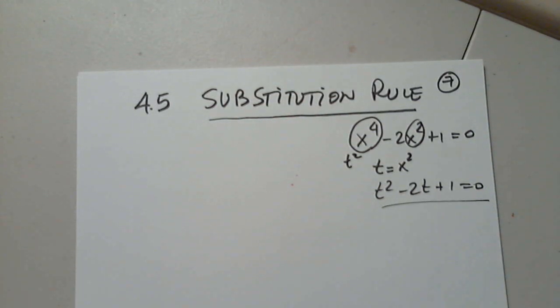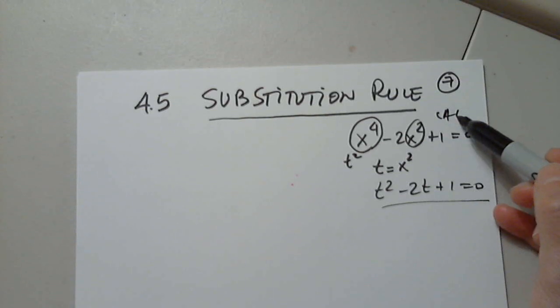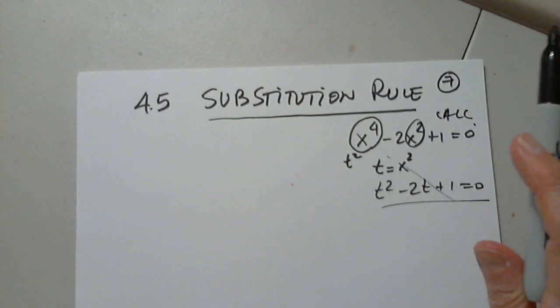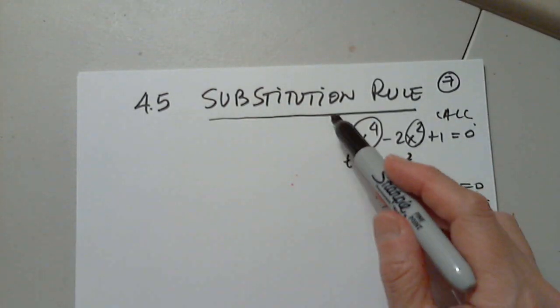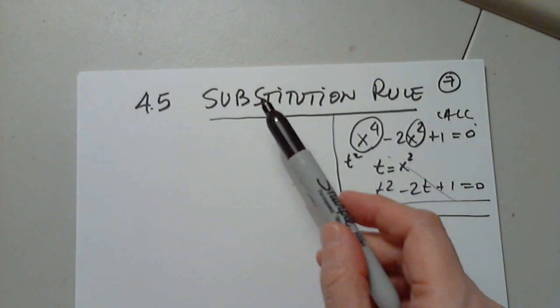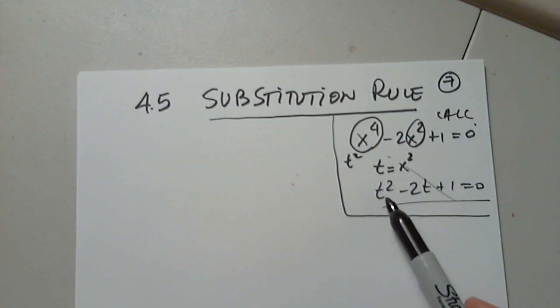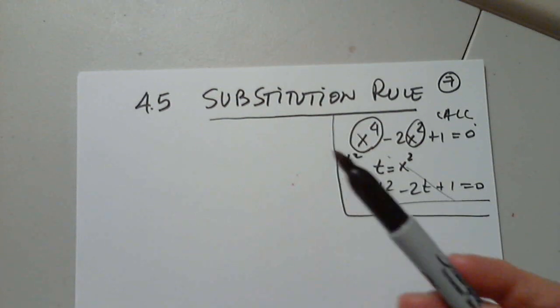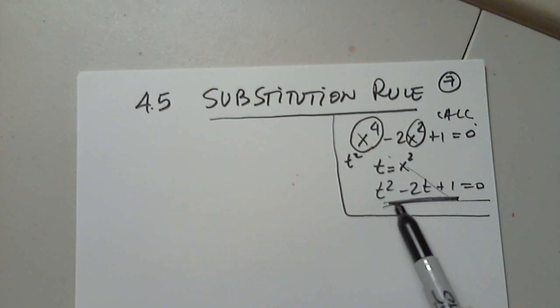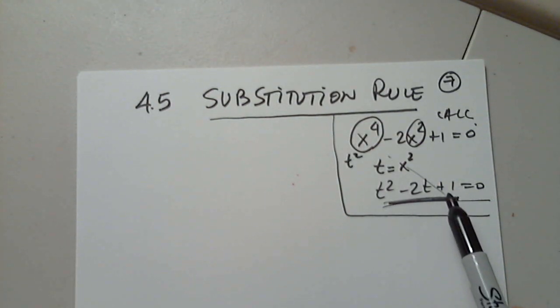Now I will have to agree if you say, but I will use a calculator here, and I don't need to do this. True. But this is the point I'm making: I will use a substitution if it makes the equation, or whatever I'm determining, easier to solve. So let's see how that works.